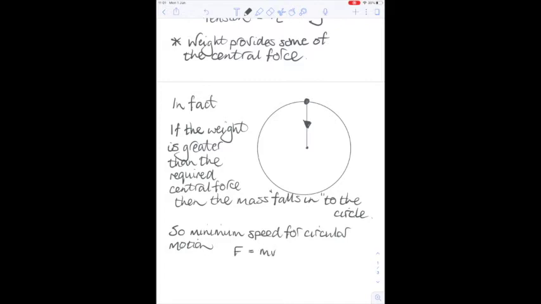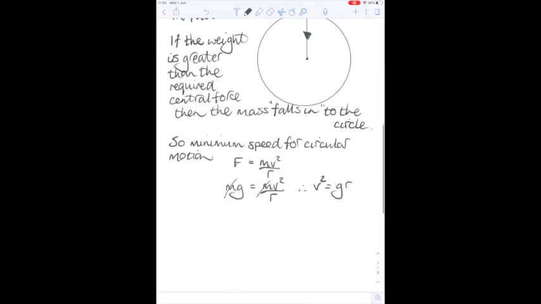So that minimum speed that you require is when the central force equals mg, and mg equals mv squared over r. We can cancel out the m's and rearrange it, and we get v squared equals gr. Therefore, v is the square root of gr.